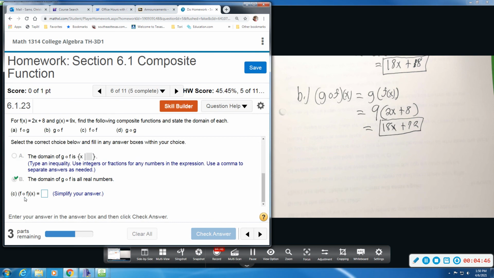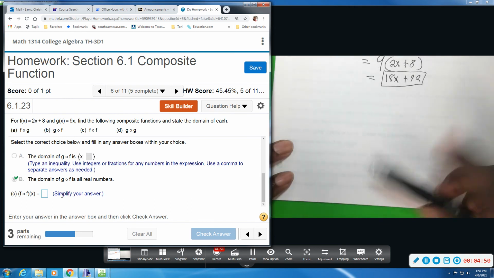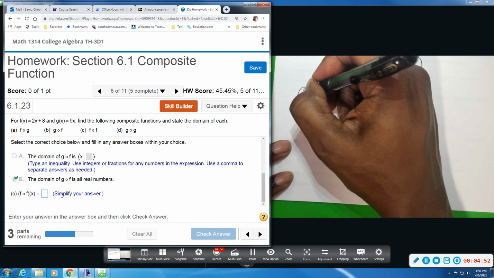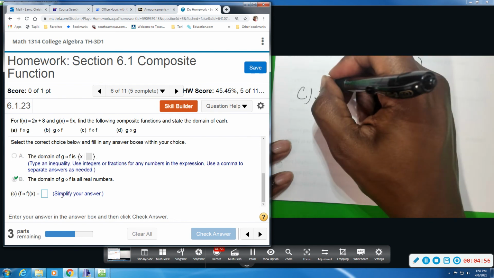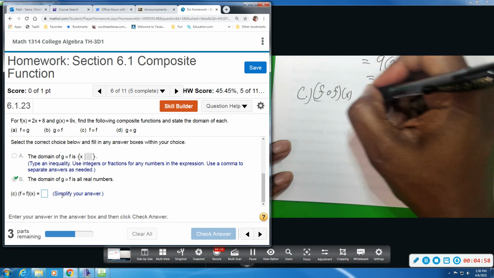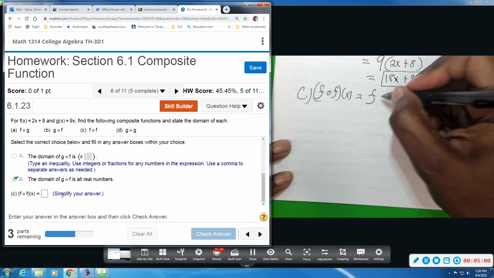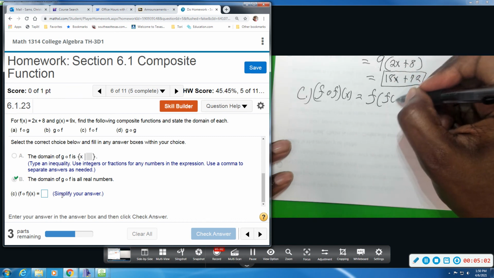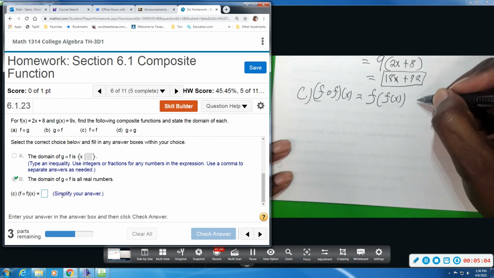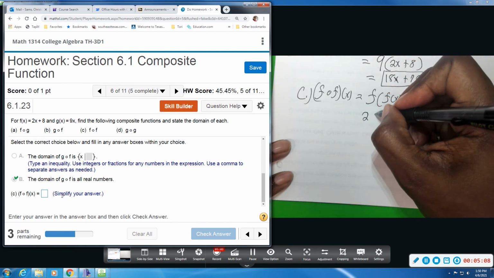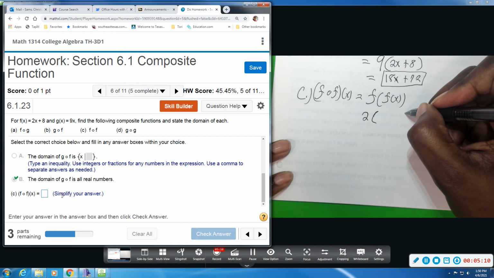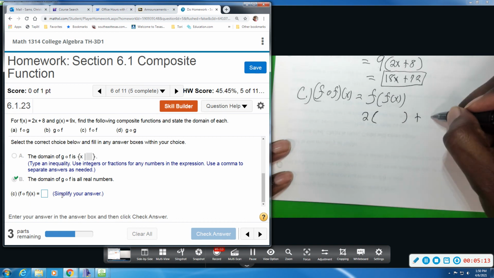All right, then we're going to do f composed with itself. So f composed of f of x means f equation. Plug in f equation to itself. So we start out with the f equation, which is 2, and then instead of x, we're going to leave a space, plus 8.